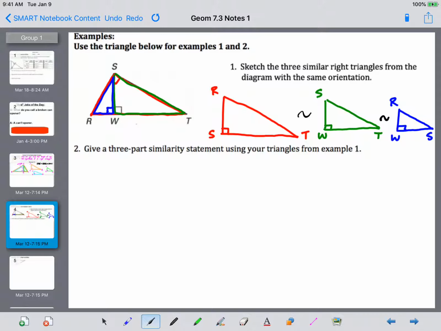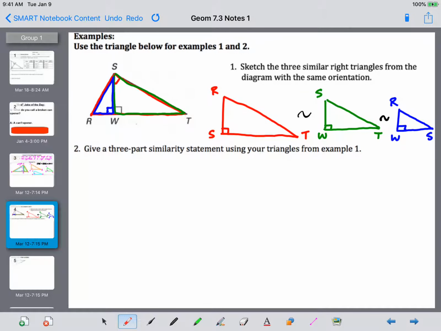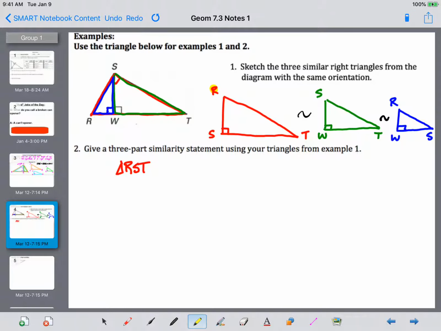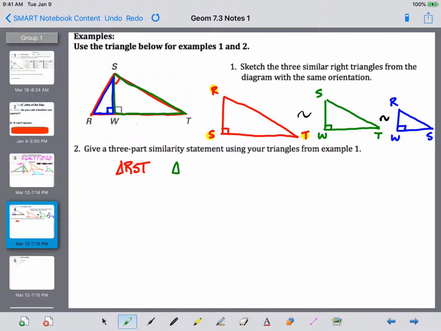In part 2, it says to give a three-part similarity statement using your triangles from example 1. The first triangle I'm going to call RST. If I do it in that order, from R to S to T, for the second triangle I need to do the same order, so we'll do SWT.